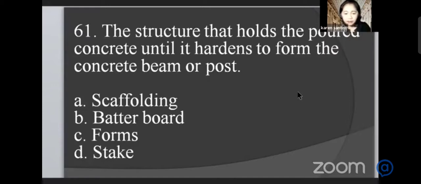Then, yung butterboards naman na tinatawag natin, it is also a temporary frame set beyond the corners of a plain foundation at precise elevation. And when we say stake or construction staking, it is also known as the site layout survey. Itawag natin na stake. So now I have a picture here.